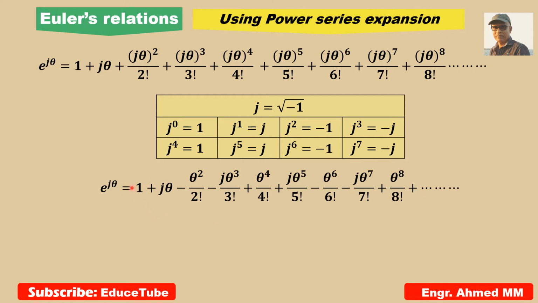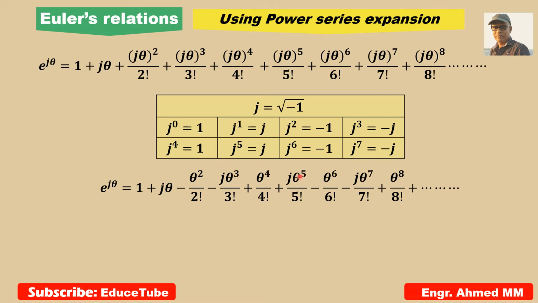e to the power j theta equal to 1 plus j theta. Here look, I put only theta square. So j square is gone. Why? Because j square equal to -1, so I put a minus here. Again, look at j theta to the power 5. Why j?